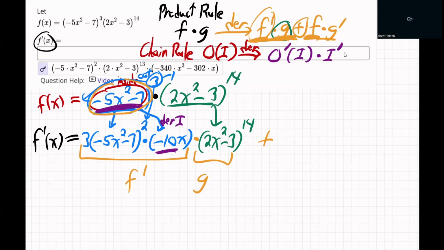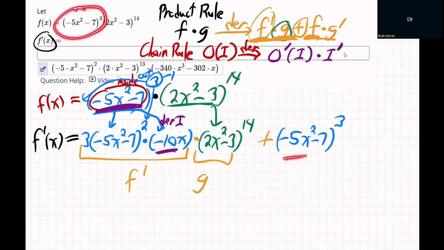That's the first function, which is minus 5x squared minus 7 to the third with its power, with everything. That's the whole first function, right? That's the first of the two functions. That's f right there.